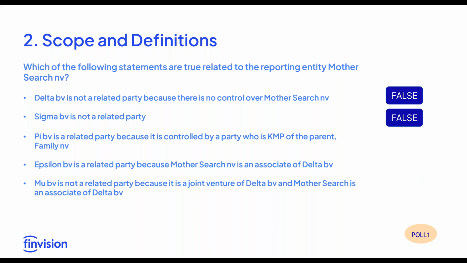The third statement, PBV is a related party because it's controlled by a party with key management personnel of the parent, being Family NV. That statement is true. Key management personnel of the parent in this case is Anna Dirks, and Anna Dirks controls PBV. There's a 100% relationship between Anna Dirks and PBV.